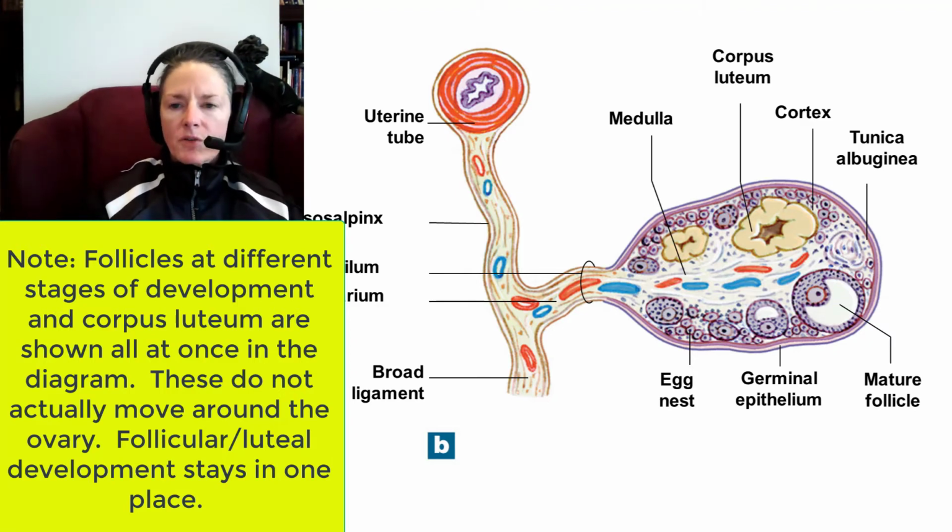And the progesterone is produced from cholesterol. It's a steroid hormone. So the corpus luteum gets its name because it is a yellow body. You will also hear it called the yellow body or luteal body, which just means it's a yellow body because it's full of cholesterol, which is kind of a fatty thing. So it's going to be yellow inside.